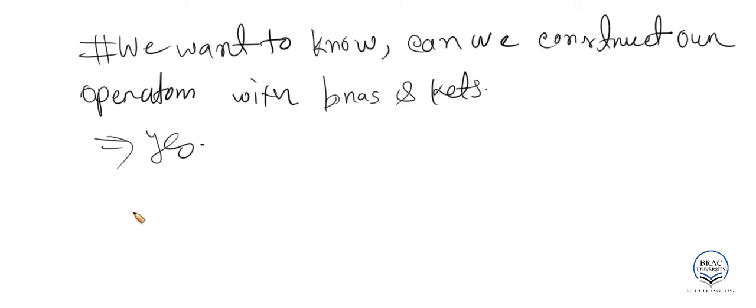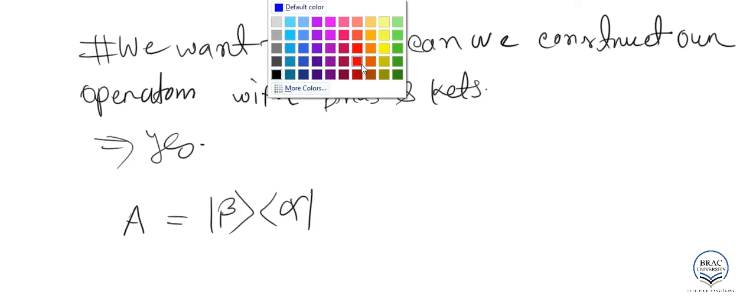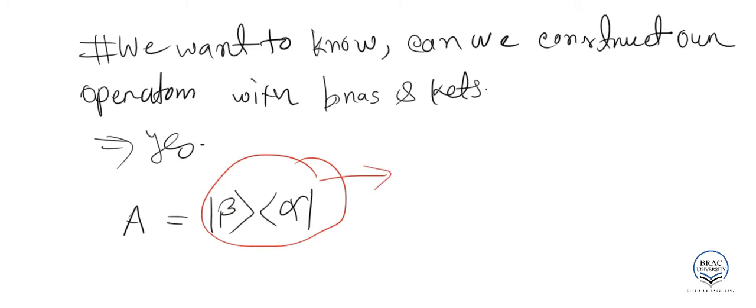Let's say you have an operator, let's call it A, some operator. You can write it like this, where beta and alpha are not necessarily the basis vectors, and this product here is known as an outer product.